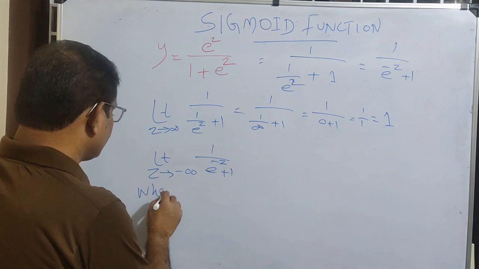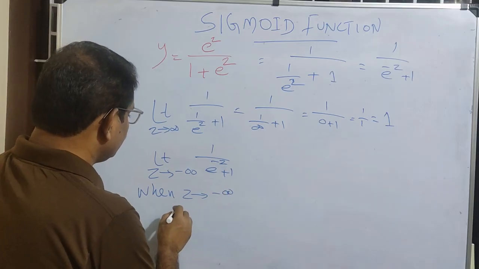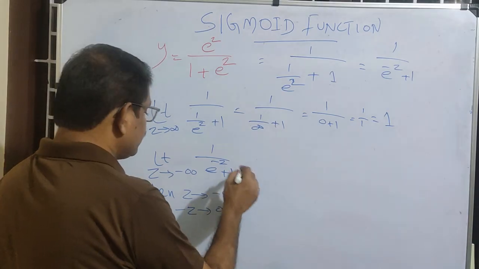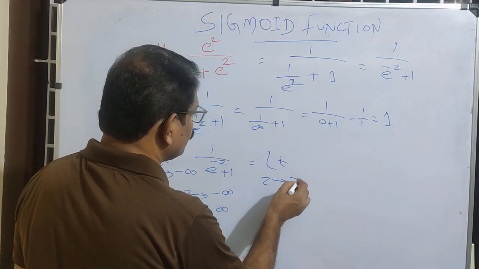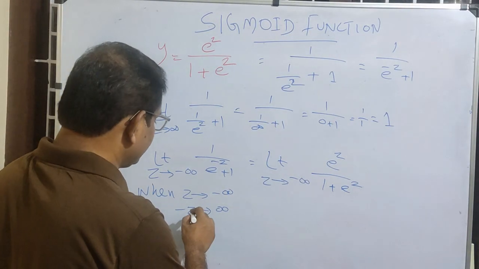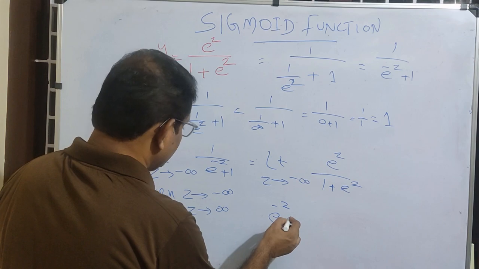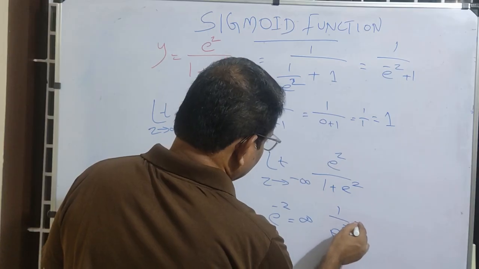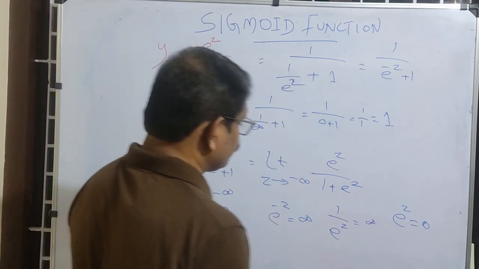When z tending to minus infinity, minus z tending to plus infinity, e raised to minus z is equal to infinity, that is 1 by e raised to minus z is equal to 0.